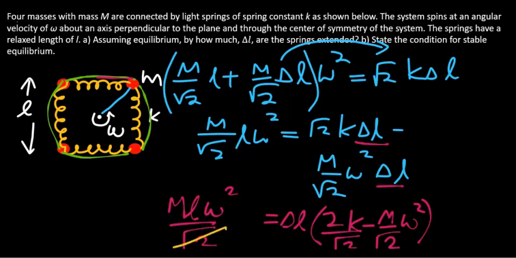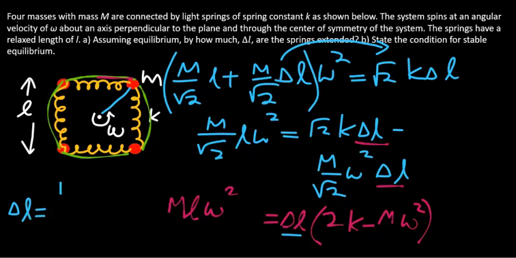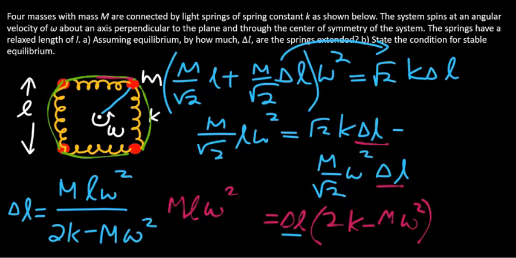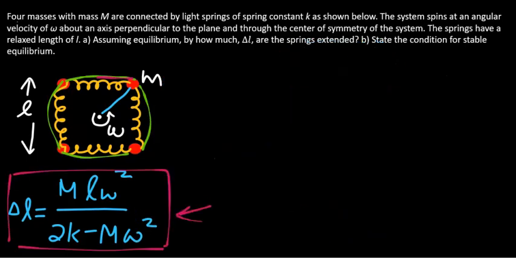And you see this square root 2 will cancel that square root 2. And that will enable you to solve for delta L. And if you do that, you get delta L equals m L omega squared over (2k minus m omega squared). This is the expression for delta L in terms of the mass, the relaxed length, the angular frequency, and the spring constant, namely the given variables.